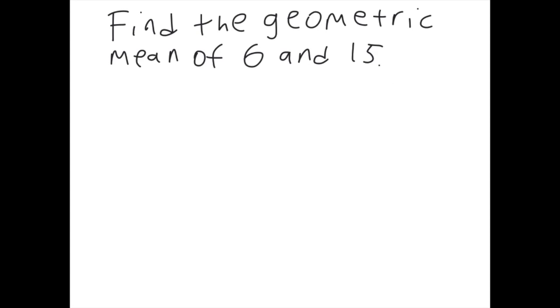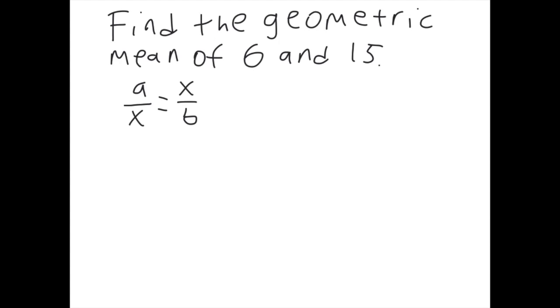Let's get started. So for the first example, we have find the geometric mean of 6 and 15. So when you deal with geometric mean, here's how you're going to set up every example. A over x equals x over b.